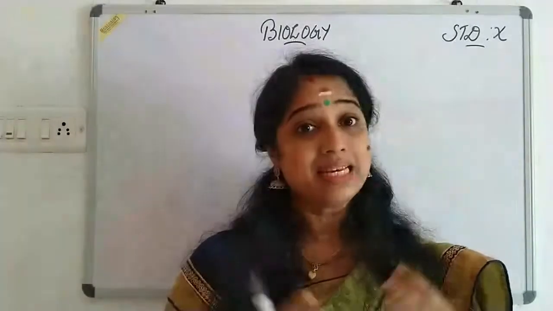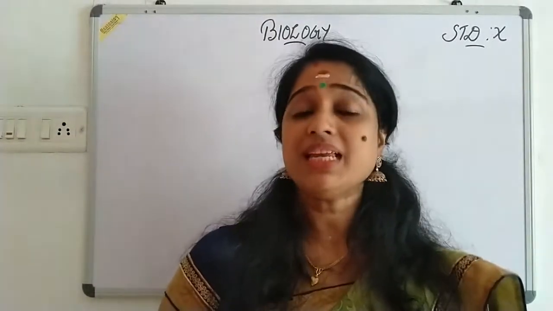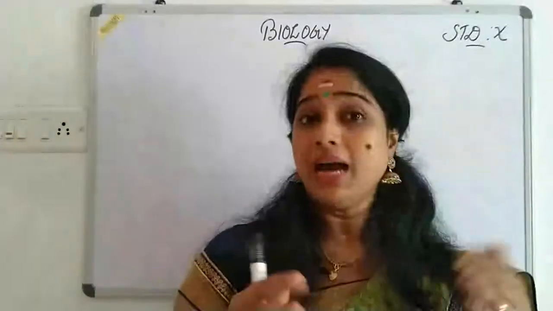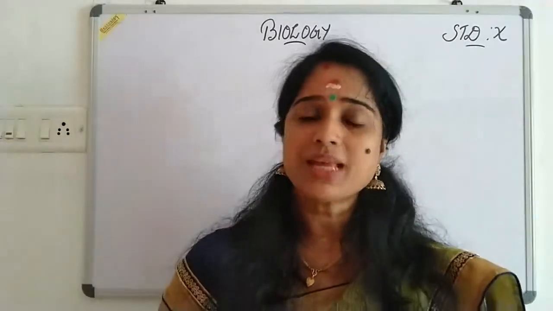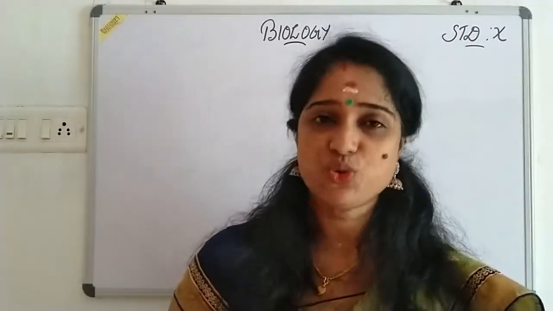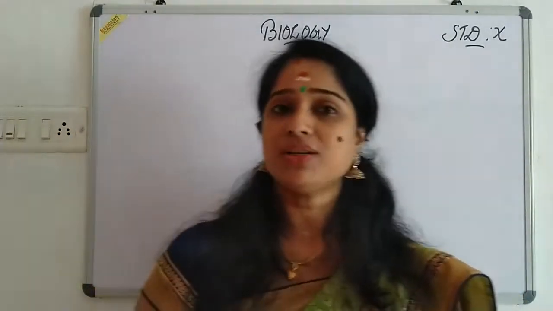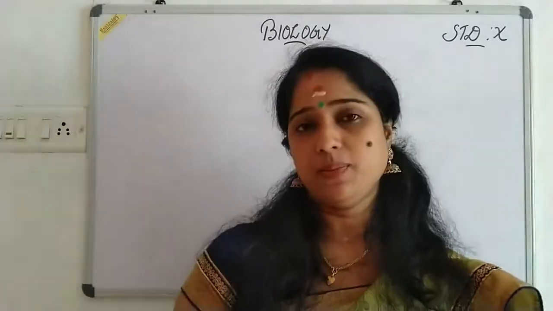First one, it has easily distinguishable characteristics. Very easily he could differentiate one character from another. And it is very easy to grow, has a short lifespan, and the flowers are bisexual. So these are some of the reasons that helped Mendel to select the garden pea plant for his experiments.